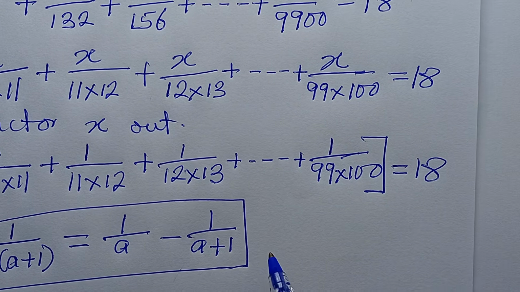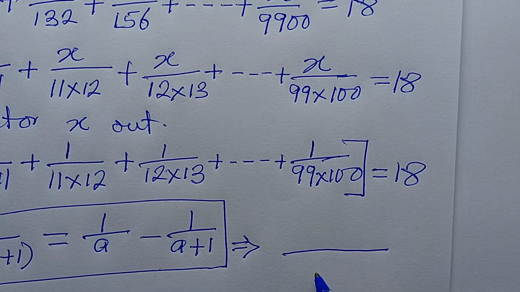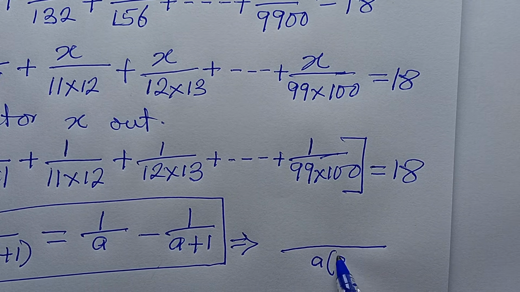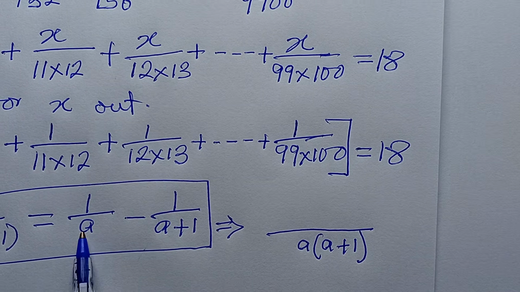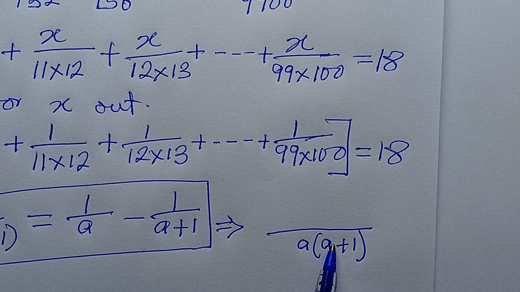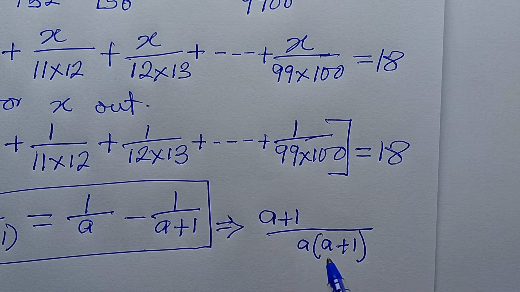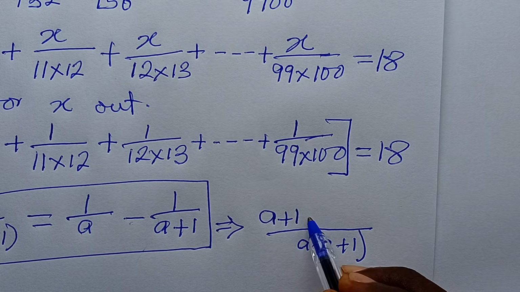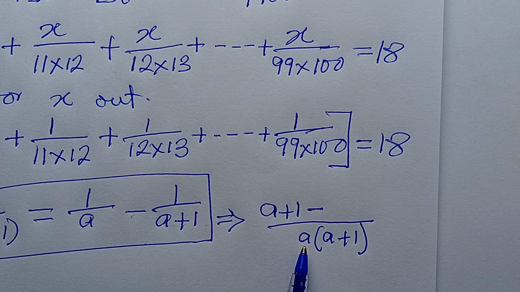If we go ahead to simplify, let's take the LCM as a into a plus 1, right? Good. So if we use a to divide this, we are left with a plus 1. So we're going to have a plus 1. Then we have a minus sign, then minus. If we use a plus 1 to divide this, we are left with a.